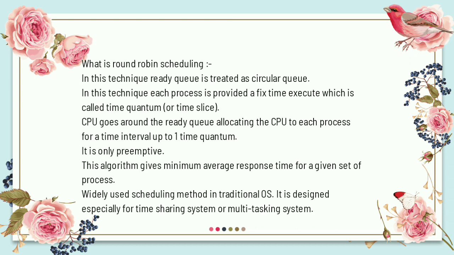It is only preemptive. This algorithm gives minimum average response time for a given set of processes. It is a widely used scheduling method in traditional OS. It is designed especially for time-sharing or multitasking systems.